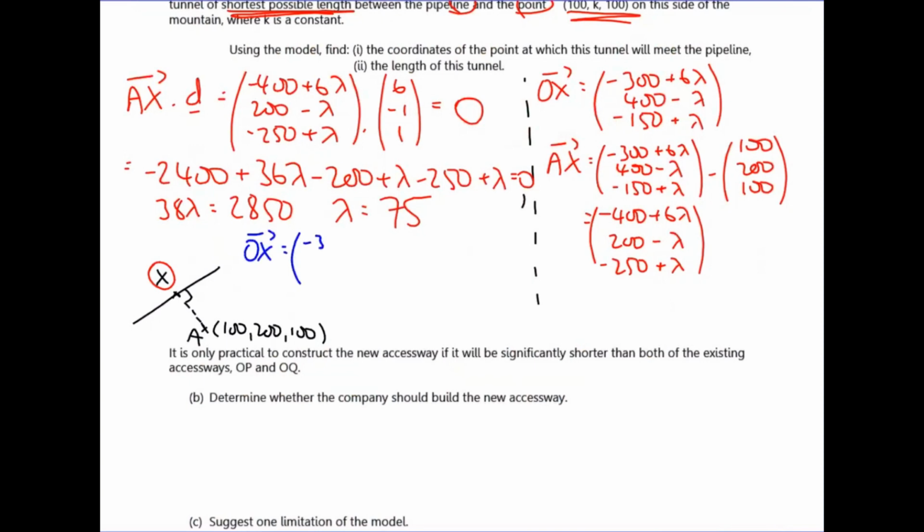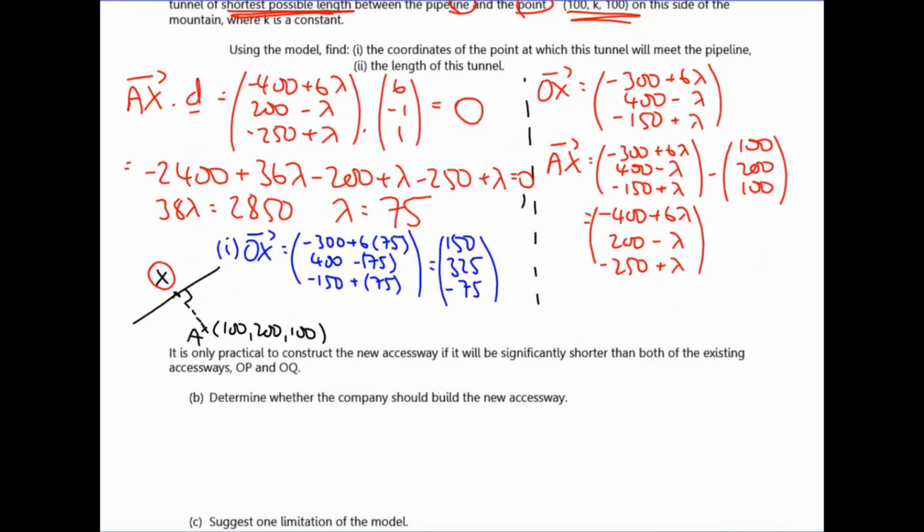So that's minus 300 plus 6 times 75, 400 minus 75, minus 150 plus 75 is 150, 325, minus 75. Okay, so that's the answer to part I. It's the coordinates of the point at which the tunnel will meet the pipeline.